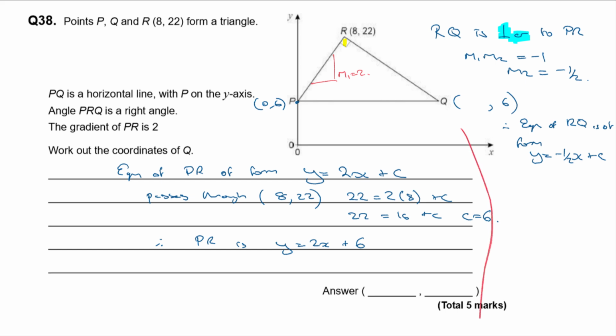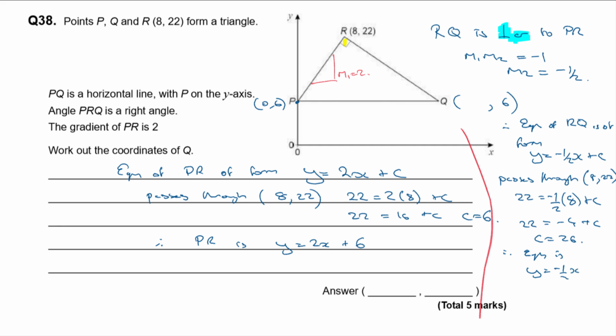Again, it passes through the same point, doesn't it? It passes through 8, 22. Both lines meet there. So if you sub those values in, I'm going to get 22 is equal to minus 1/2 of 8 plus c. Now minus 1/2 of 8 is minus 4. So that makes c equal to 26, isn't it? And therefore the equation is y is equal to minus 1/2 x plus 26.